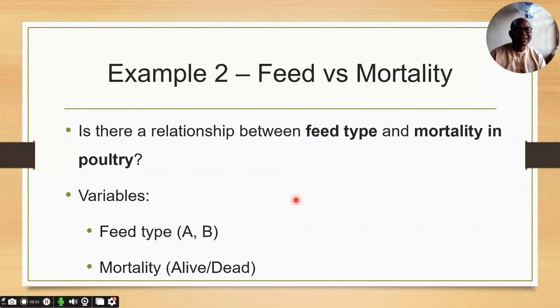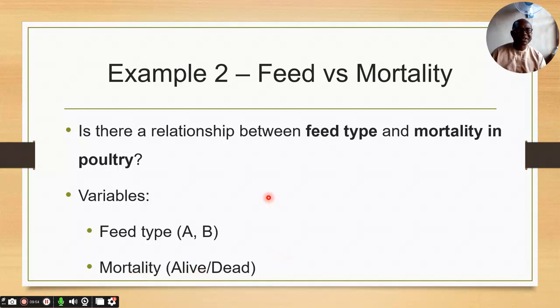Now let's see another example. In this case, we'll be looking at feed versus mortality. The question is: is there a relationship between feed type and mortality in poultry? What are our variables in this case? We have the feed type category and the mortality category. For feed type, we can have feed A and feed B. For mortality, we can have alive or dead.